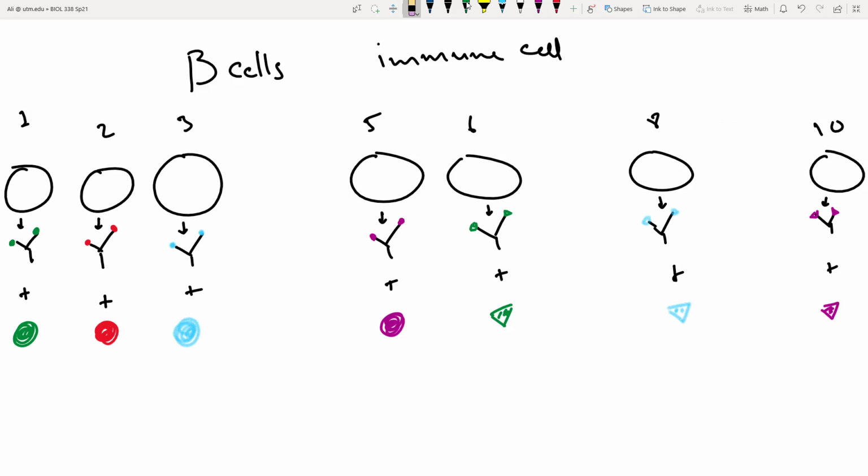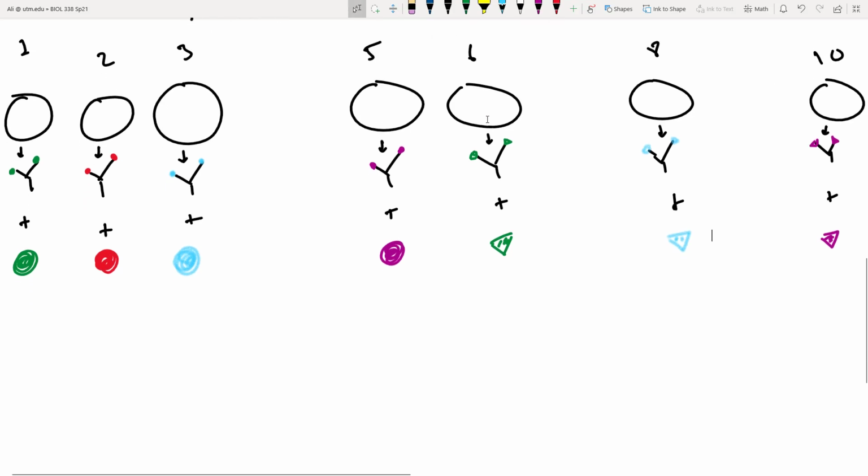So, for example, if I wanted a lot of antibody for number 5, the purple one, all I have to do is stick the molecule that this antibody binds to into an animal, and I will get antibodies produced against that antigen. Then I can isolate the serum from that animal and isolate that antibody from the serum. So now we have our antibody.